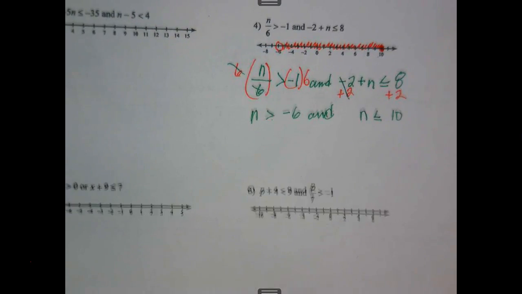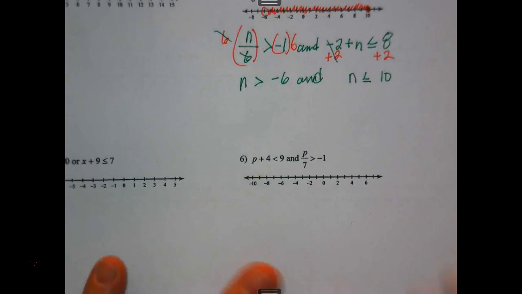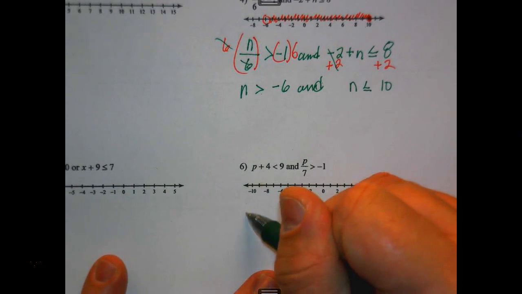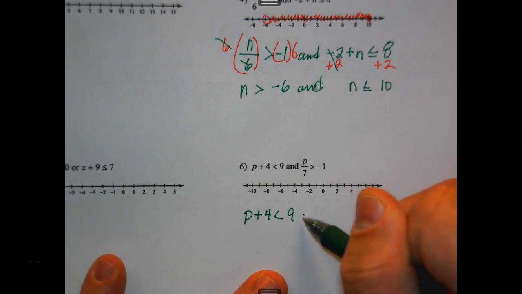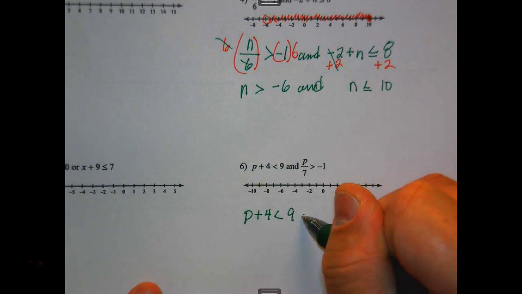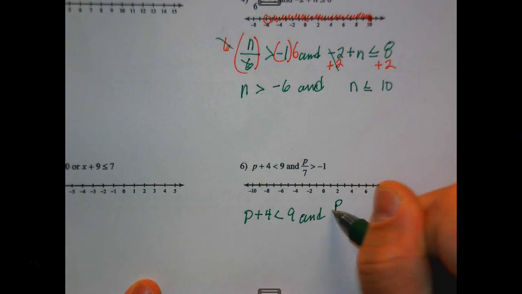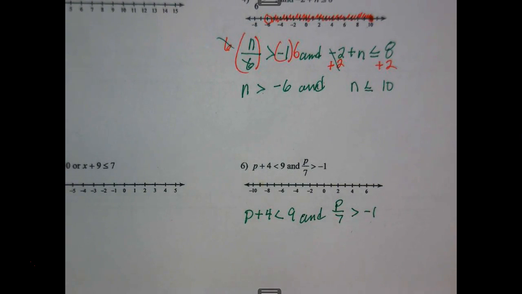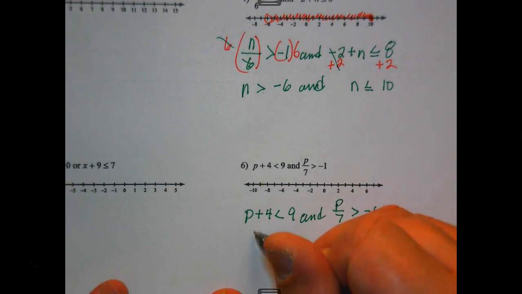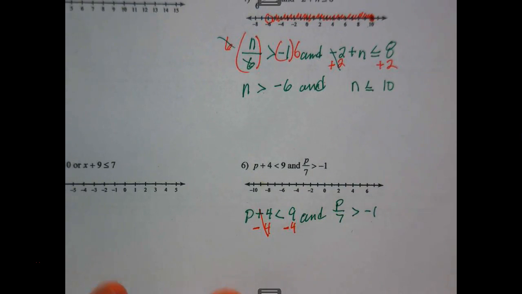Number 6. I'm going to rewrite it down here. Subtract 4 from both sides.